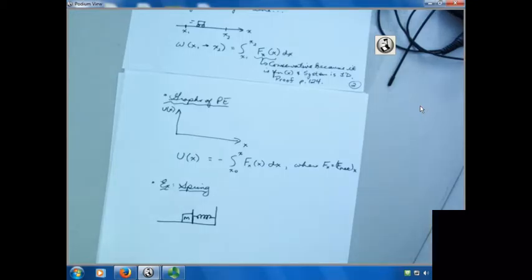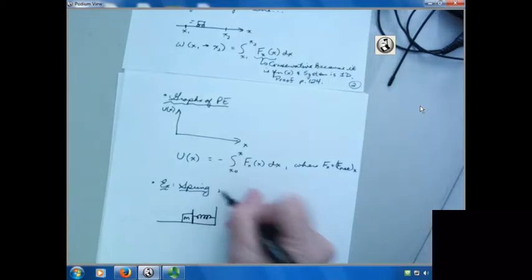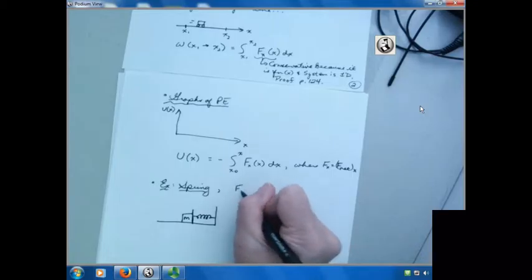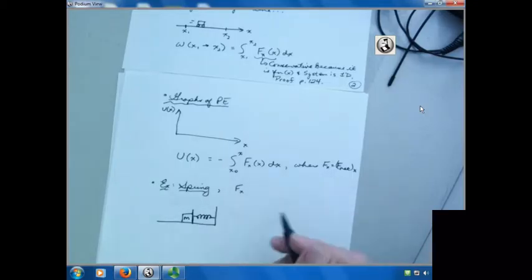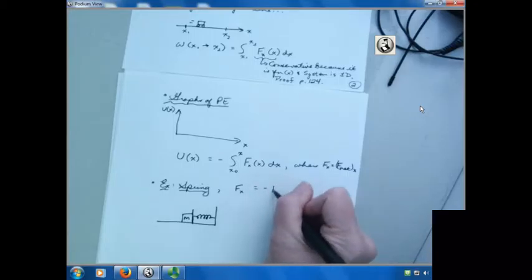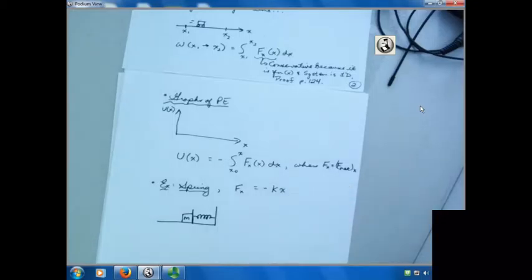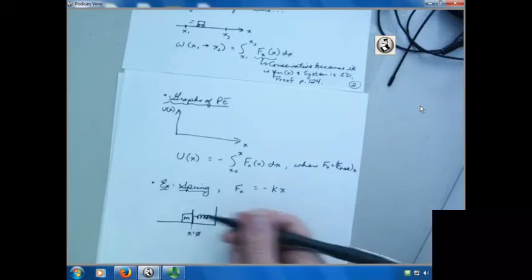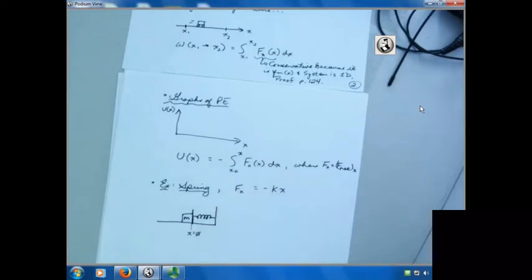Okay. So what I know for a spring is that the force, in this case, I've confined it to one dimension, so I only have an x component, but it's equal to minus kx, where I had to define x equals 0, and I'll do that. Let's imagine that this is the equilibrium position, so that when x is positive, obviously the force is in the negative x direction. Okay, so in this case, let's go ahead and find an expression for u of x.